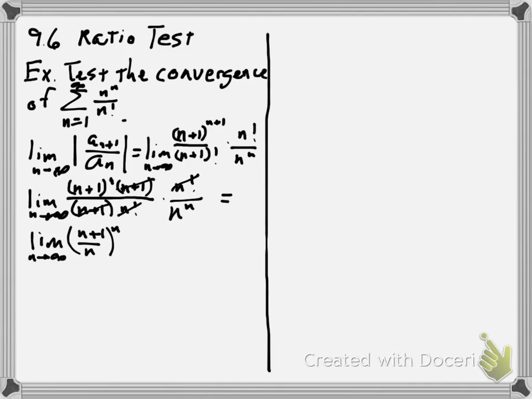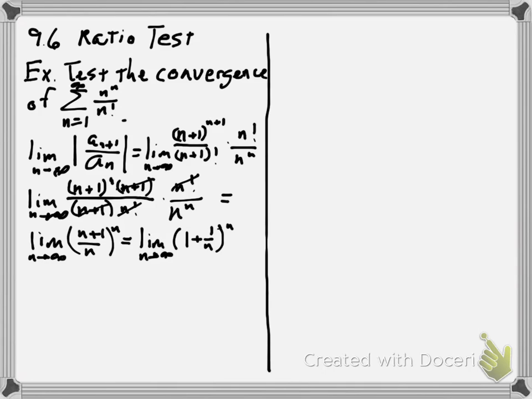And so what is this? Well, let me write this in a different way. Let me write this as the limit as n goes to infinity of 1 plus 1 over n to the n. Now, if it's not clear to you, we can go through what's required in order to use L'Hopital's rule, which would be to take the natural log. I mean, here we basically have a 1 to the infinity case.